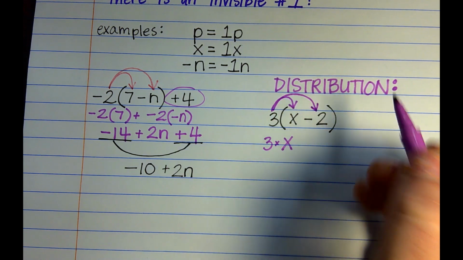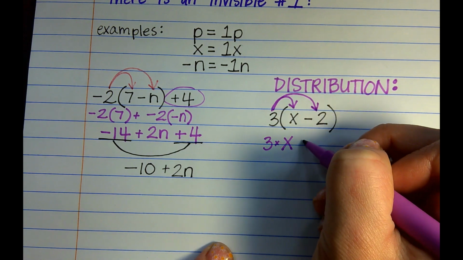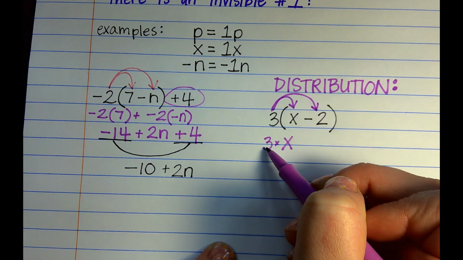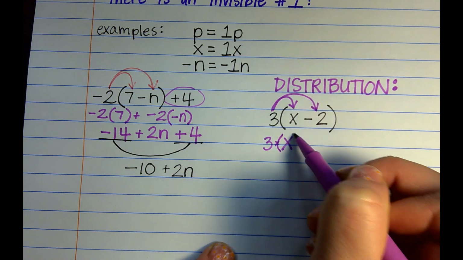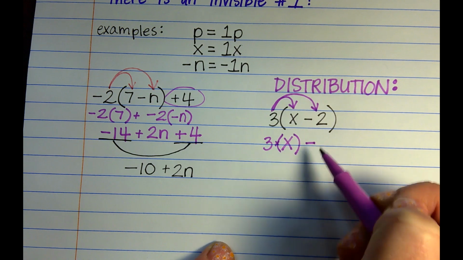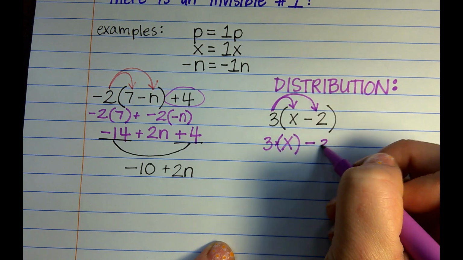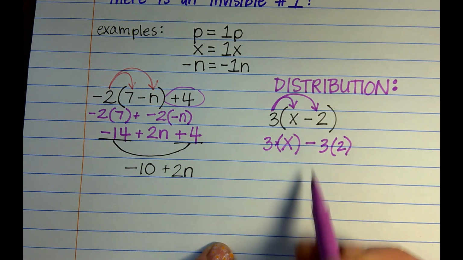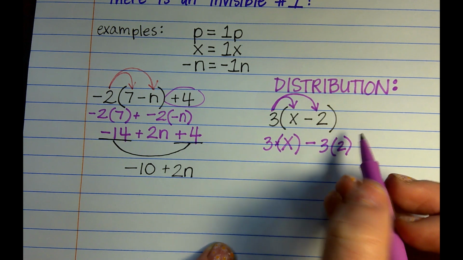We're multiplying. Or you could think of it as I'm doing 3 times x minus 3 times 2, and just carry that minus down. You'll get the same answer.